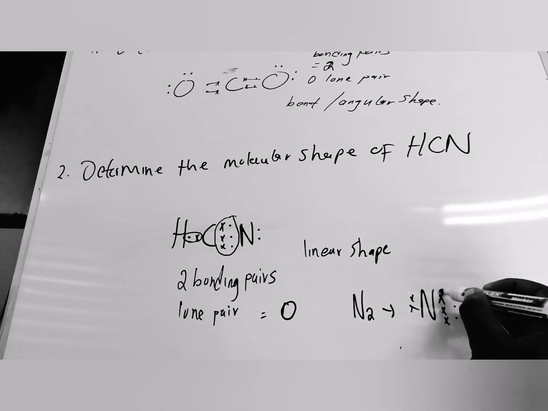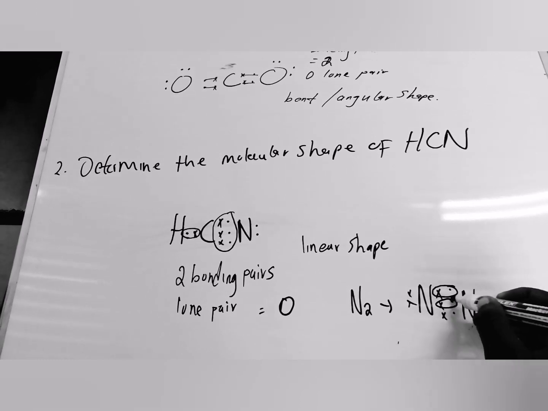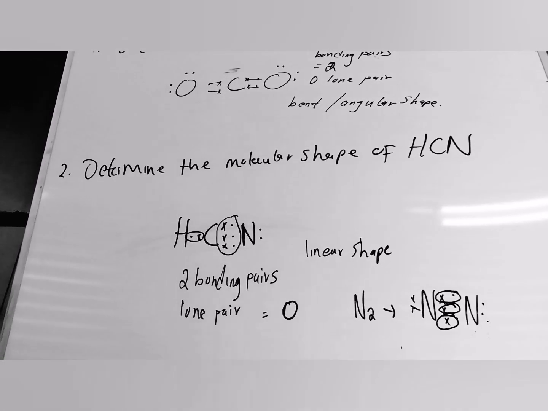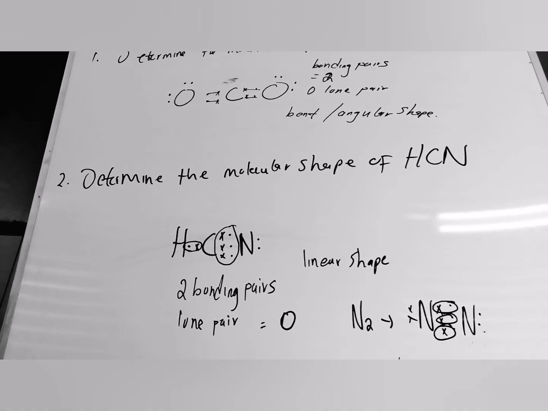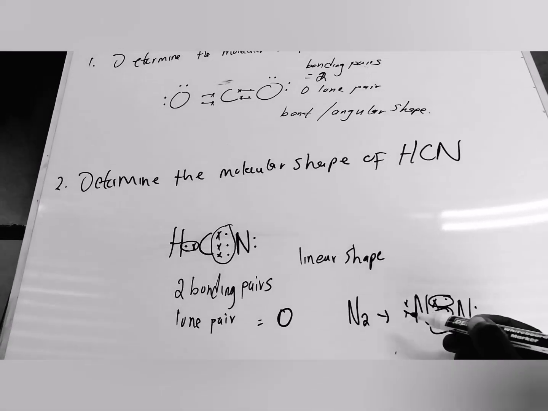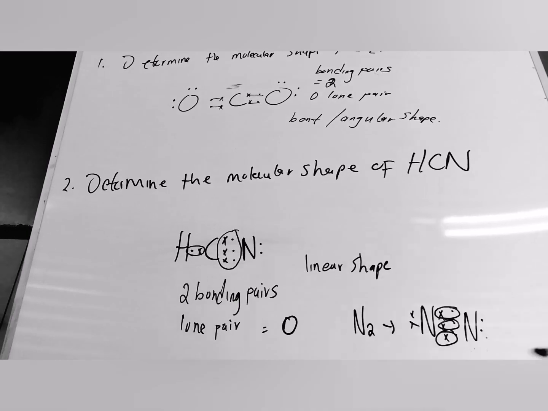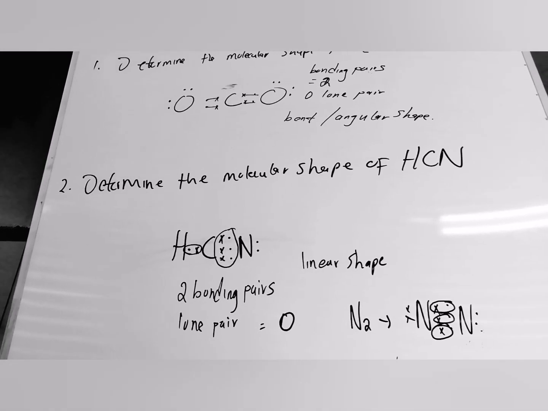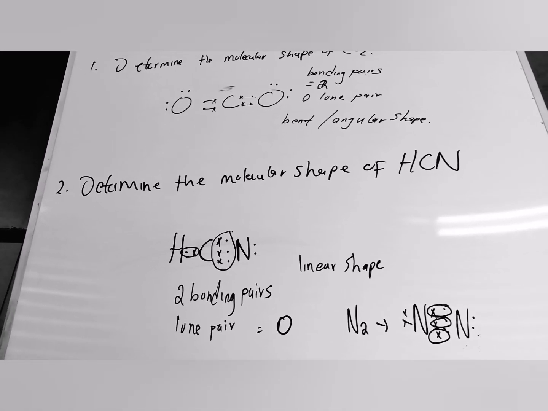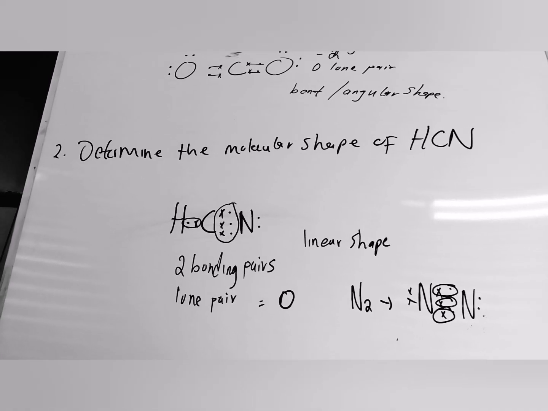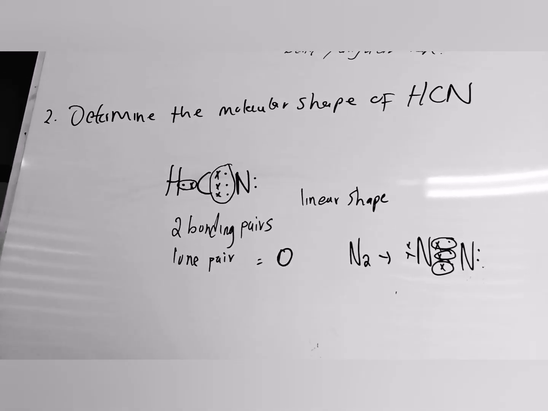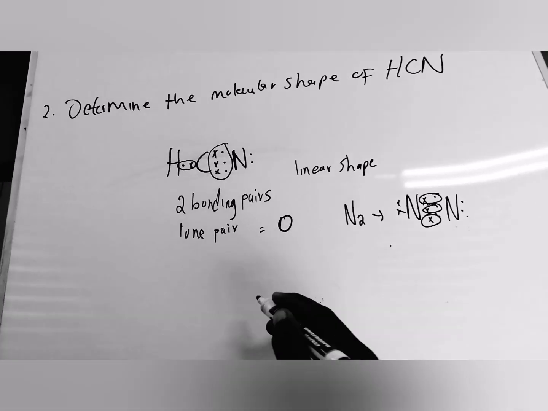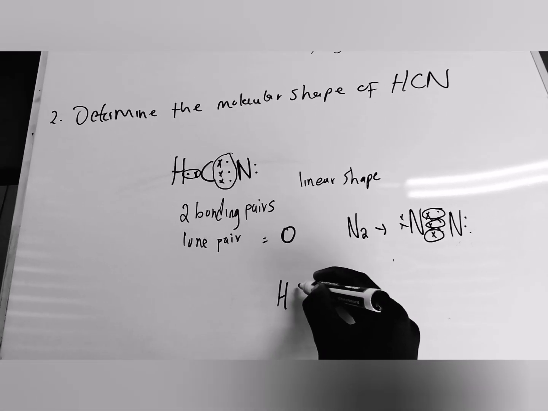Now, this and this and that, so we have a triple bond, but you count them as 1 electron pair. So here in nitrogen gas, we have 1 electron pair. I hope you understand that. I was just showing the triple bond in this nitrogen atom.